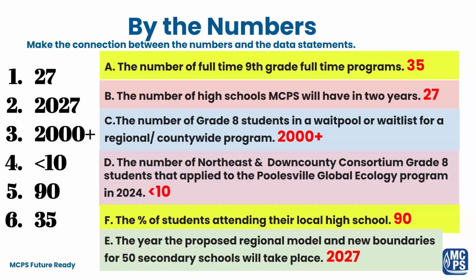The number of grade 8 students in the wait pool or wait list for a regional or countywide program is 2,000 plus. The number of Northeast and Down County Consortium grade 8 students that applied to the Poolesville Global Ecology Program in 2024 is 10. The percent of students attending their local high schools is 90. And the year the proposed regional model and new boundaries for 50 secondary schools will take place is 2027.